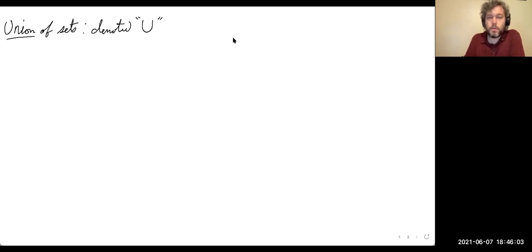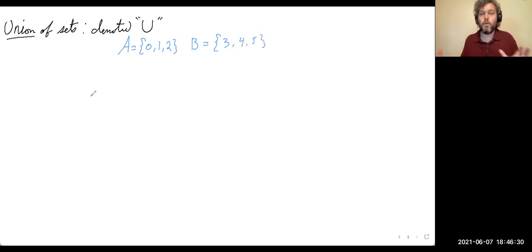This is one of those things that it's usually easier to show an example rather than try to define it. It will seem more complicated than it is if I try to define it. If the set A is equal to {0, 1, 2} and the set B is equal to {3, 4, 5}, then the union is going to be kind of like adding the two sets.